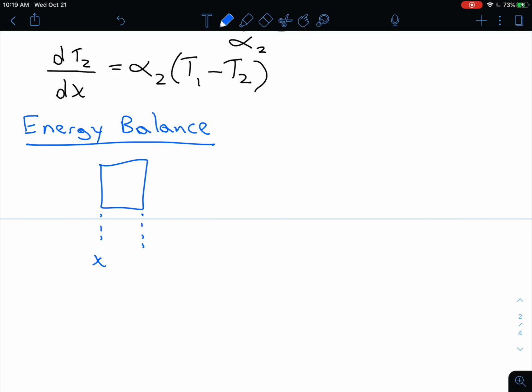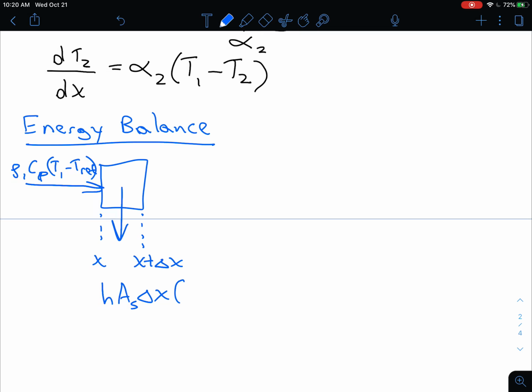This is x. This is x plus delta x. And I have energy flowing in terms of internal energy. So I have rho 1 CP1 T1 minus T ref. I have energy flowing out. So this is going to be H A sub S delta x, the surface area of contact, T2 minus T1.